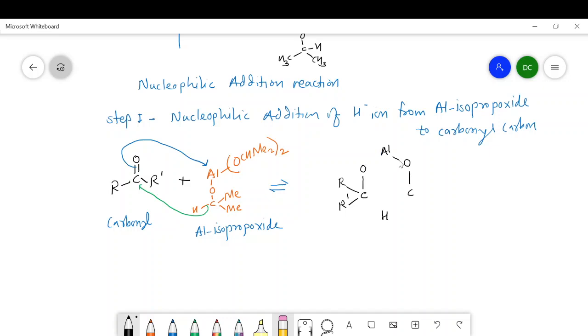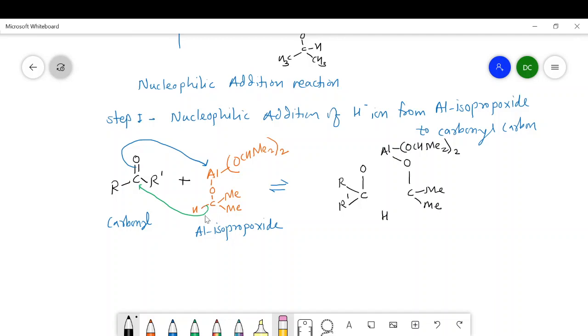Now this aluminum is attached with OCHMe twice, two groups, then here it is attached with methyl, here methyl.